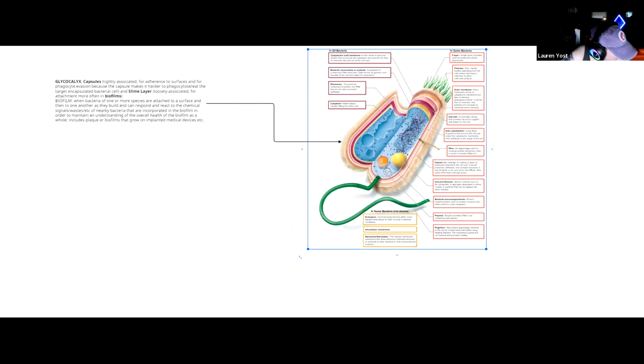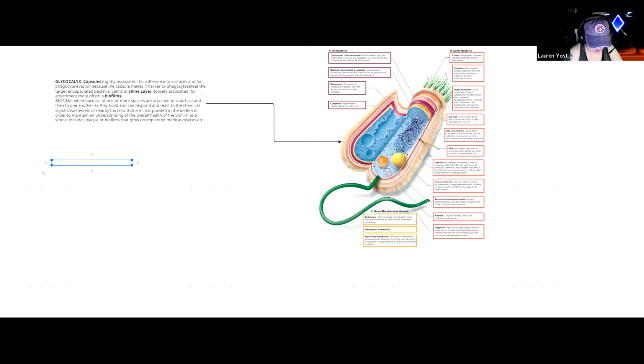All right, next we have the flagella. They are motility structures. Let's just say they move in a rotational fashion, either clockwise or counterclockwise.